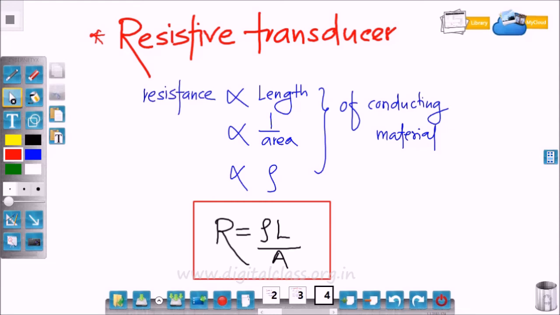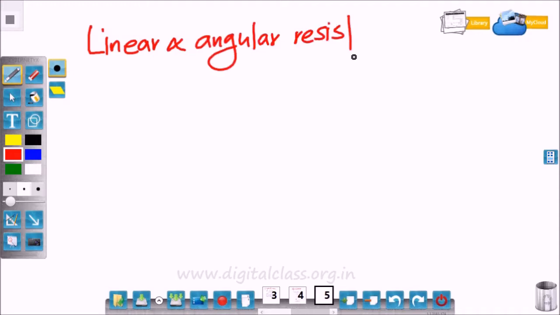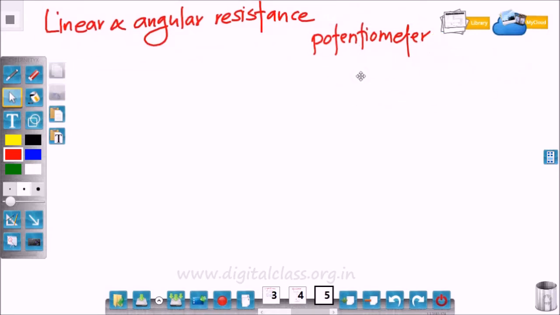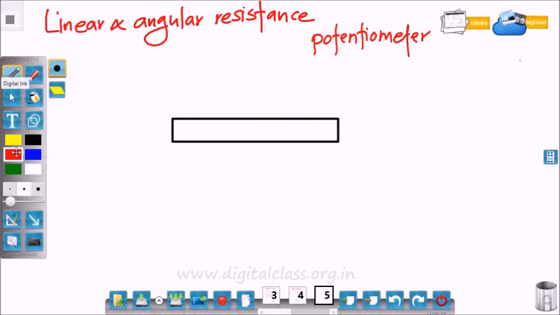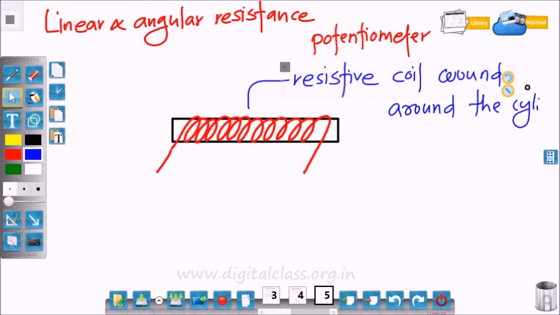We can use, first of all, the linear and angular resistance potentiometer. Here we use a variable resistance, that is a rheostat. This is a resistive coil wound around the cylinder or core. Here voltage is supplied between these two points.